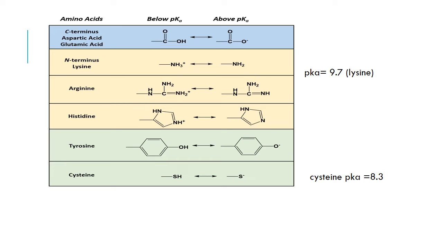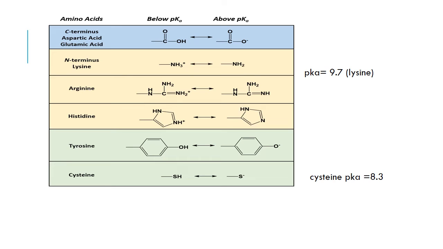If the pH is more than 8.3 in the solution where we put cysteine, we are expecting cysteine to be more negatively charged compared to the positive. But if we put it at 8.3, which we know is the isoelectric point, we are expecting the charge to be neutral. All the charges are going to cancel themselves.